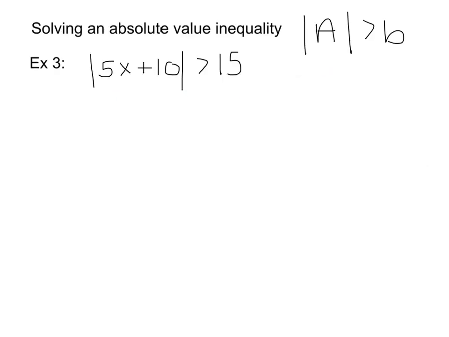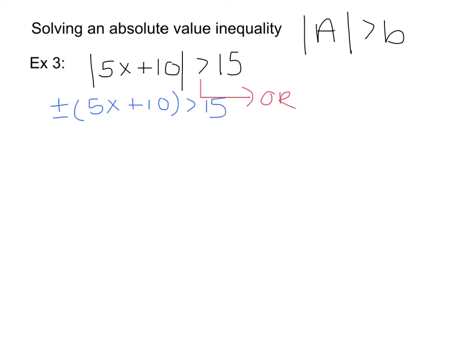Let's look at example 3. If you notice, we are now talking about greater, which if we emphasize the end, it reminds us that this is an or problem. So the first thing we need to do is see if our absolute value bars are all by themselves, which it is. So I can change it to plus minus and my parentheses.